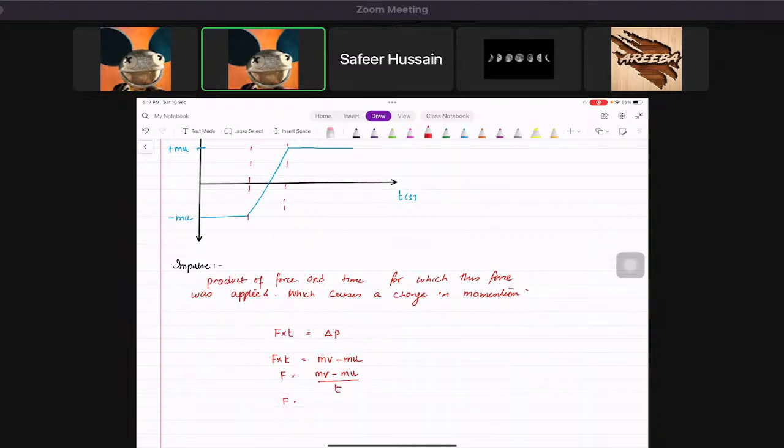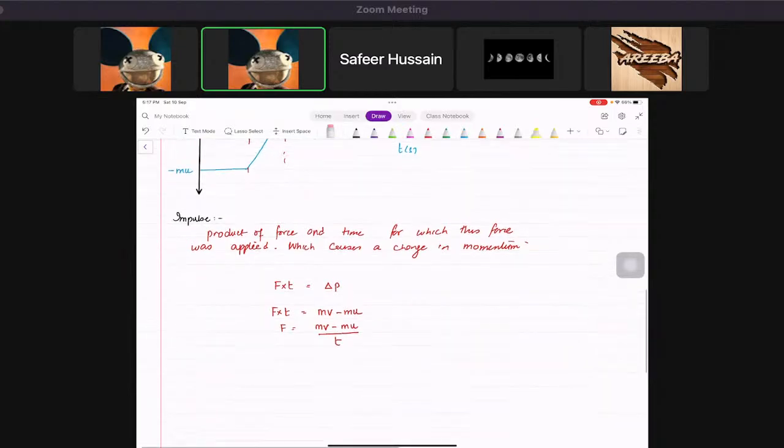This is basically the real definition of force, and here we're going to write Newton's second law, because Newton's second law really defines the force, and it says that resultant force is the rate of change of momentum.